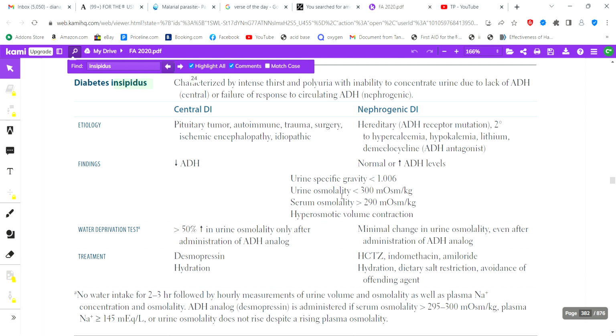If the urine osmolarity is less than 300, that means there's not enough solute in the urine, which means it is dilute urine. Now, if there's more than 290 milliosmoles per kilogram in the blood, that means the blood is concentrated. It's too much.